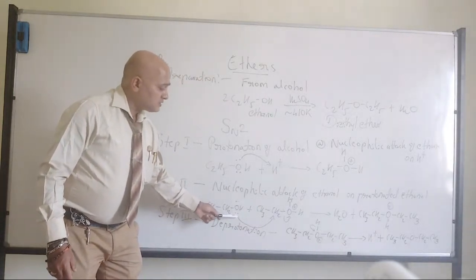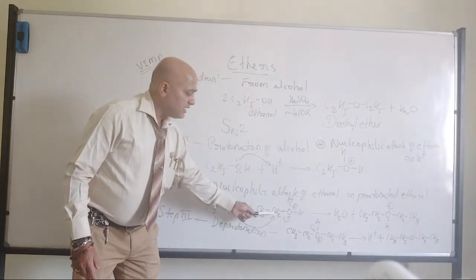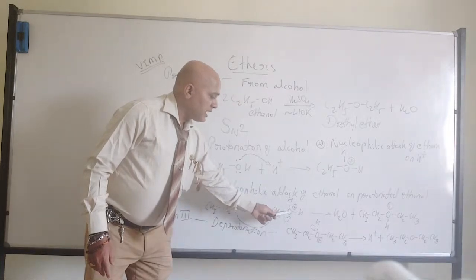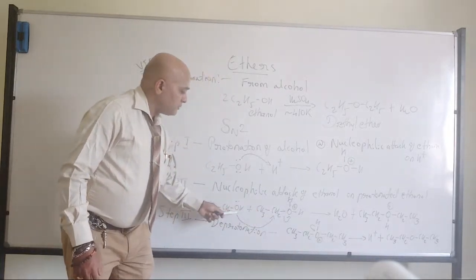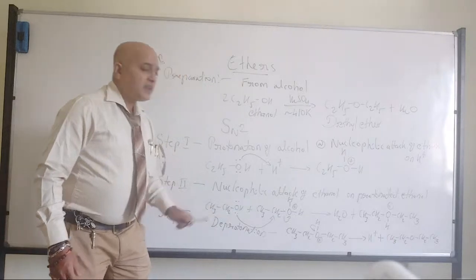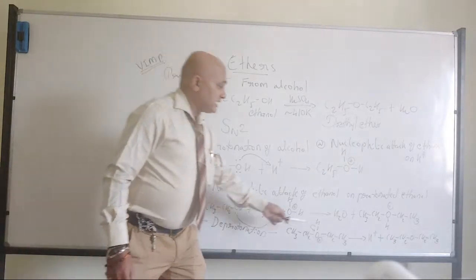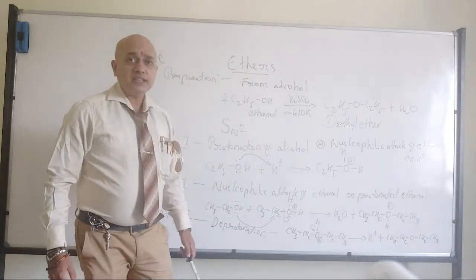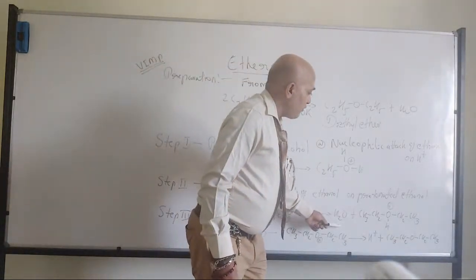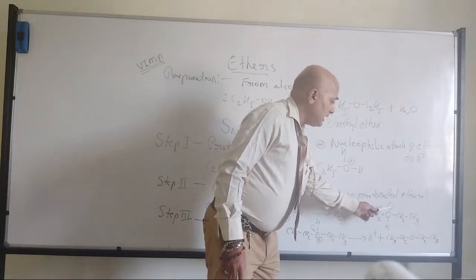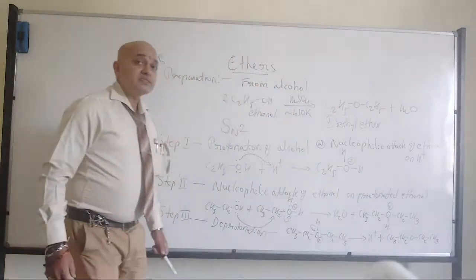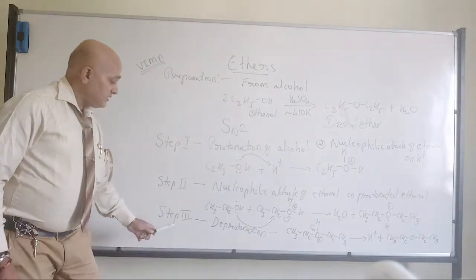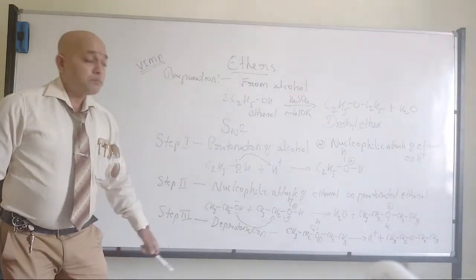Now that ethanol is going to have the nucleophilic attack on the carbon because this oxygen wants to take back the electron, therefore this carbon will be attacked by the neighboring ethanol, right? So that's where there will be liberation of water. That means dehydration has taken place. And there will be an intermediate where once again oxygen is having positive charge, oxonium form, right?